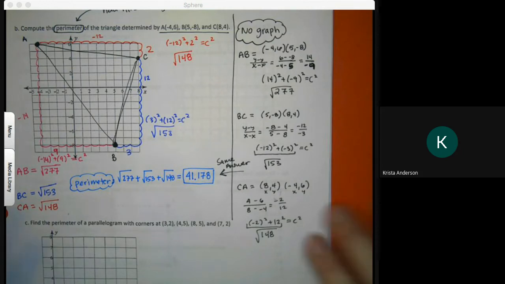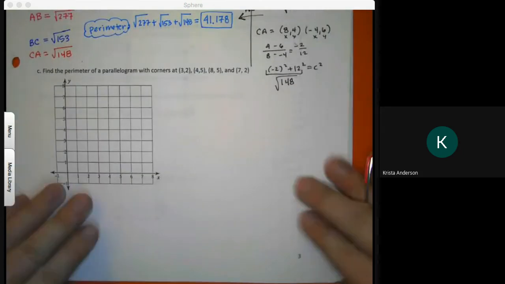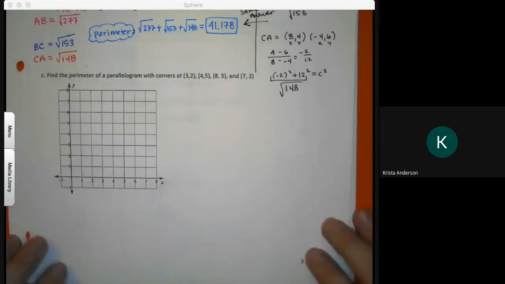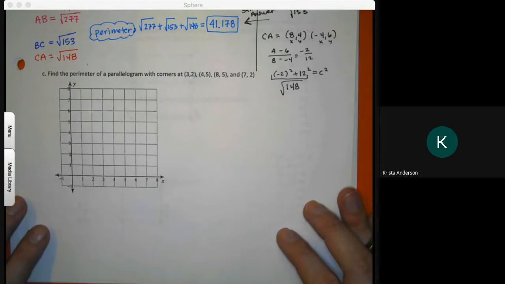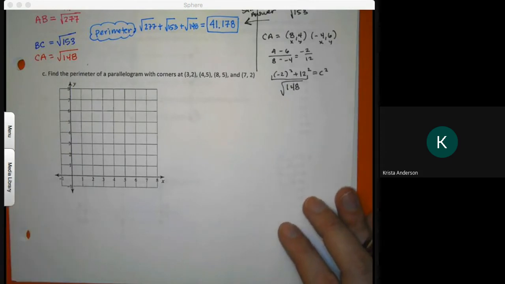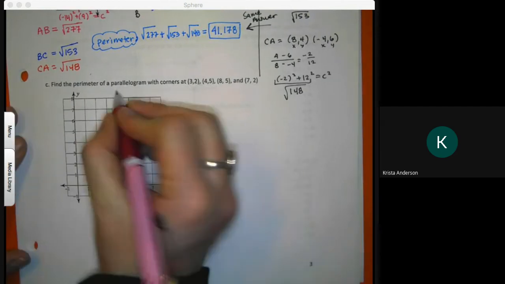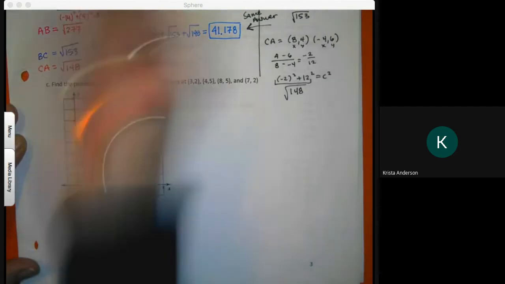All right, let's try question C. For the perimeter of a parallelogram. If I know it's a parallelogram, I'm going to do our graphing way first.